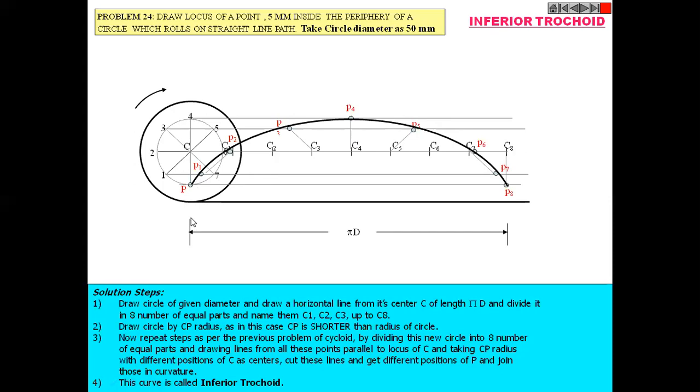The curve is a trochoid, but since it is outside, the prefix changes: it is known as superior trochoid. Then, point P is 5 mm inside of the circumference. Again it is a trochoid, but inside the circumference, so it is known as inferior trochoid.